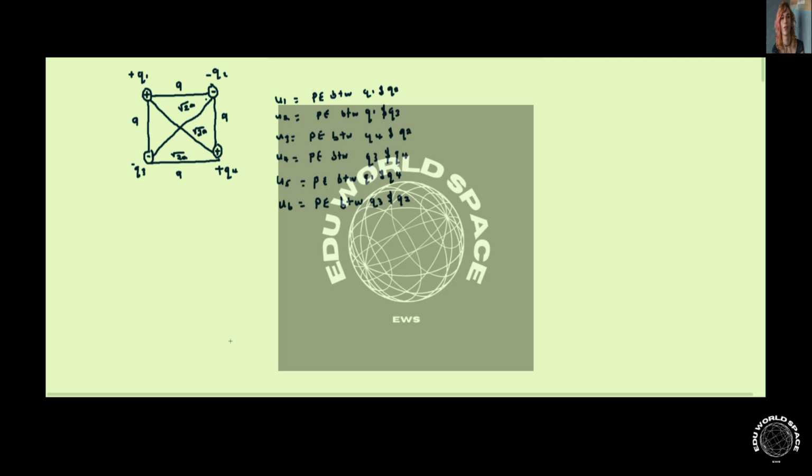So essentially what this is telling us is that Q1 is equal to Q2, which is also equal to Q3, which is equal to Q4, and Q5, which is also equal to Q6.